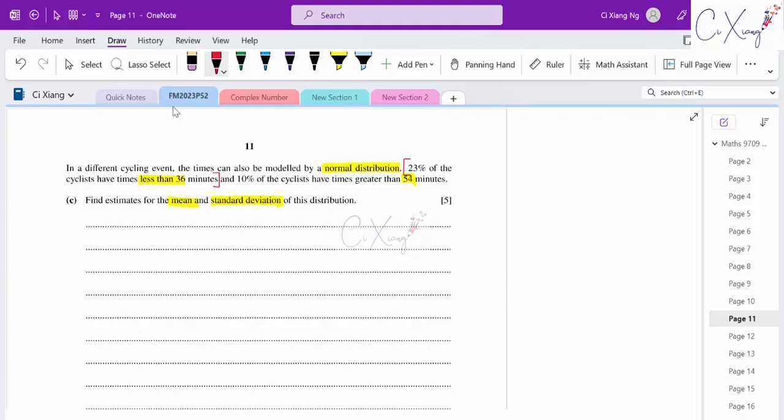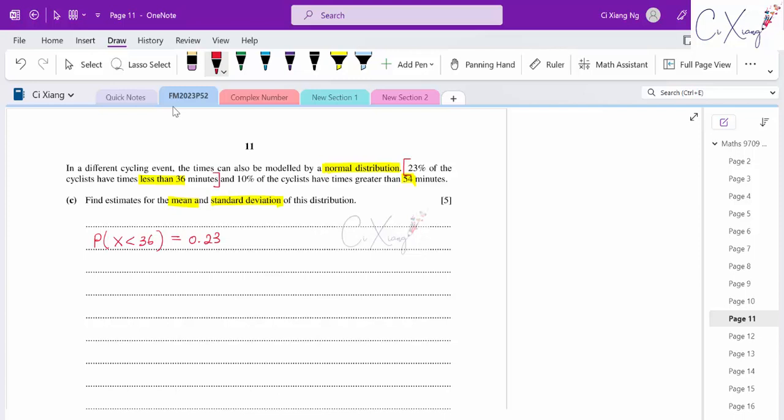If I try to write out the equation, it might look something like this, where the probability of the time less than 36 equals 0.23. 23% is the percentage, so I change it to probability 0.23. So this is the first information that I can write out.